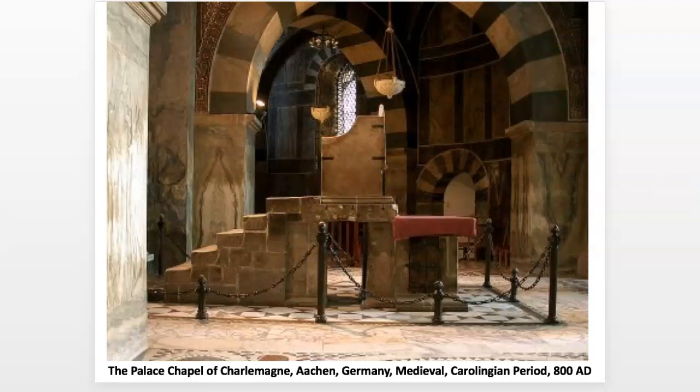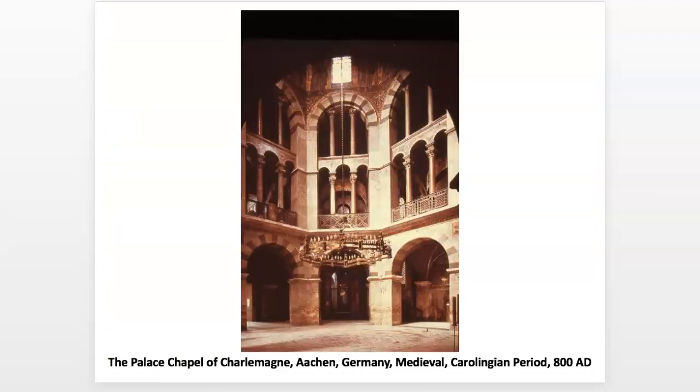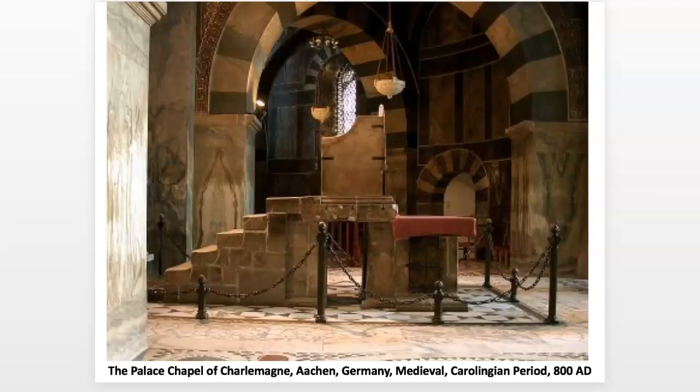So I want to point out the fact that someone would put inside of their chapel, a place of religious worship, a throne. This is very, very interesting because it's a royal court in a sense too. To have a throne, you'd have the royal court.